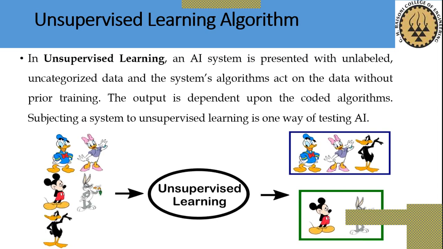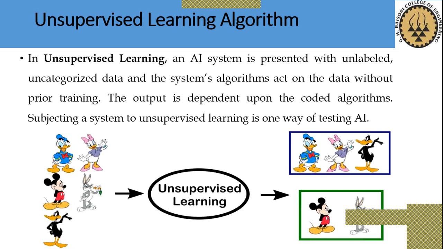where you can see that you are providing some pictorial information to an unsupervised machine learning algorithm, and on the basis of their similarities and dissimilarities, the algorithm categorizes the data into two categories. So in the upper one, you can see that all the pictures have some similarity.